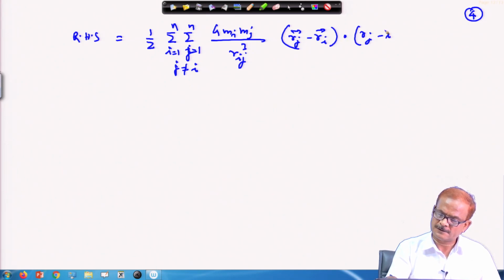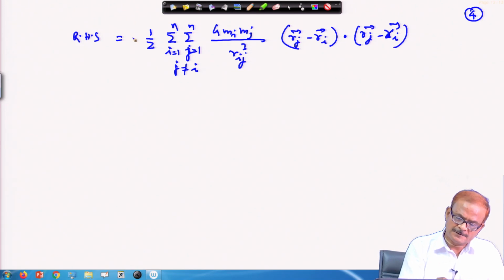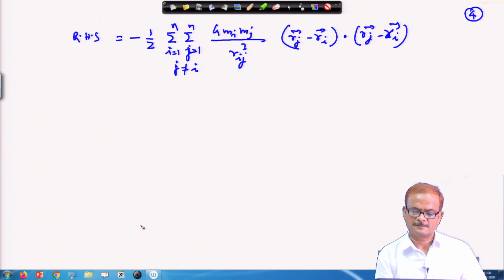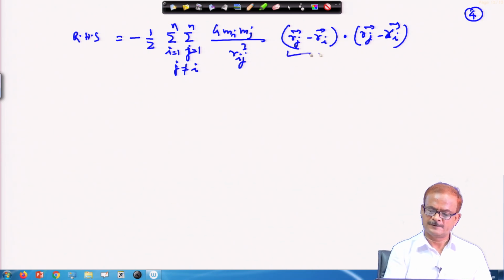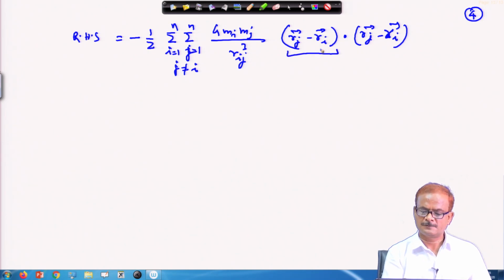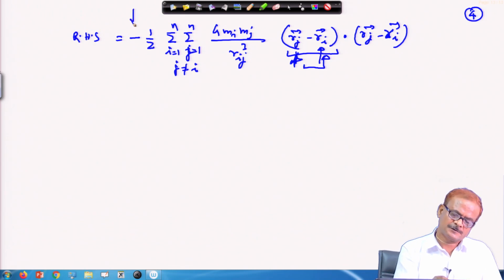So, r j minus r I. And this minus sign we will bring it here. We are exchanging it. R I was here in this place, so from here we have brought it to this place. Therefore, the minus sign comes here.